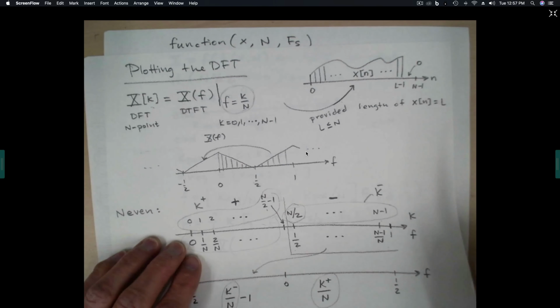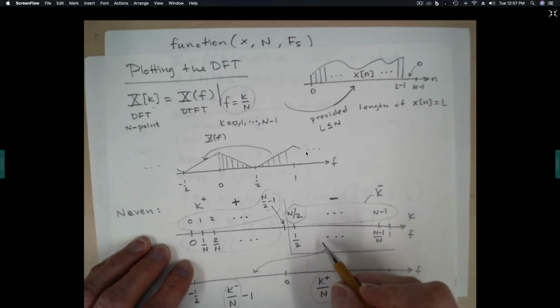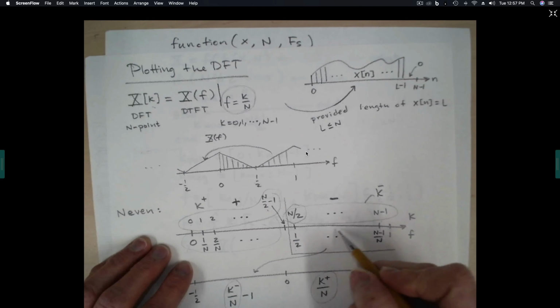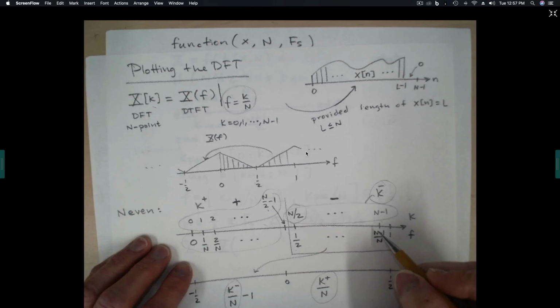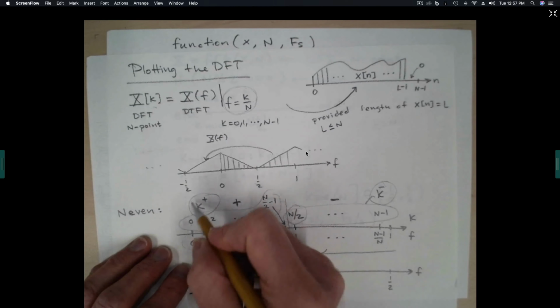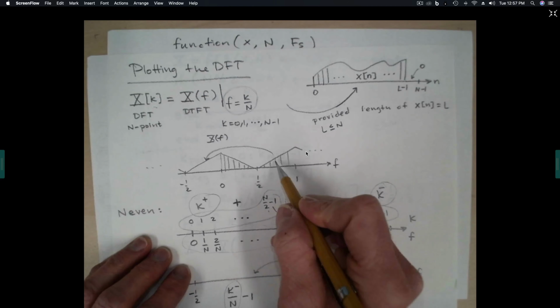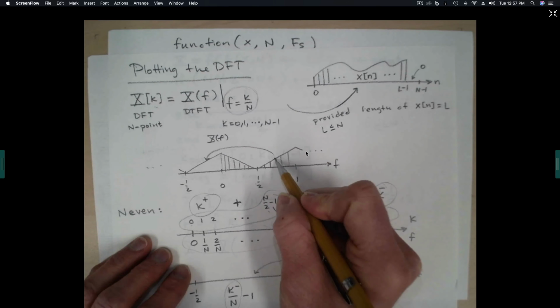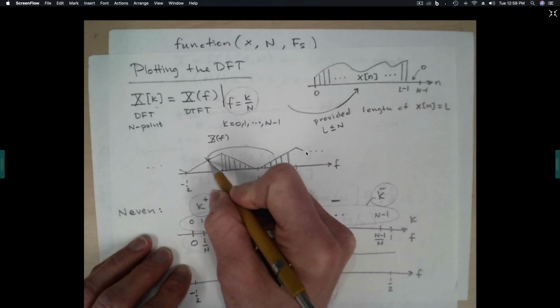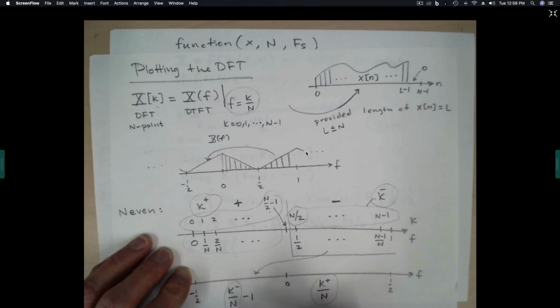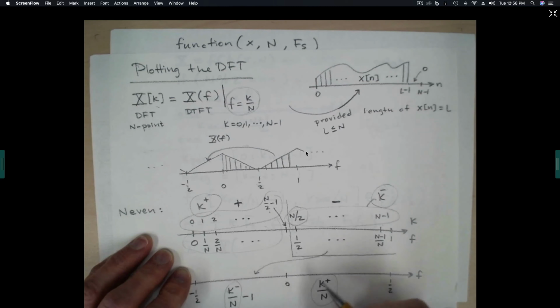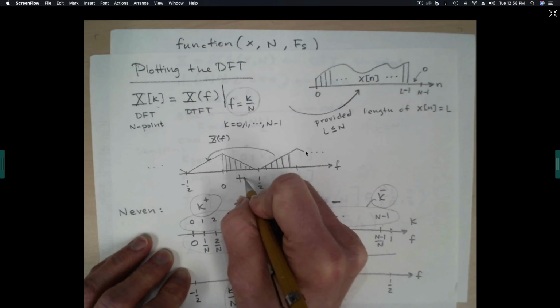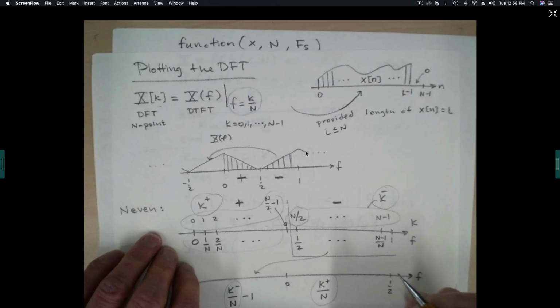So once again, what we need to do is take, in the even case, the k negative indexes and put those on the left, and put the k positive indexes on the right. What we're essentially doing is taking the negative samples over here, and we're swapping those with the positive frequency samples so that the negatives appear on the left, positives on the right. So here's the positives, here's the negatives.